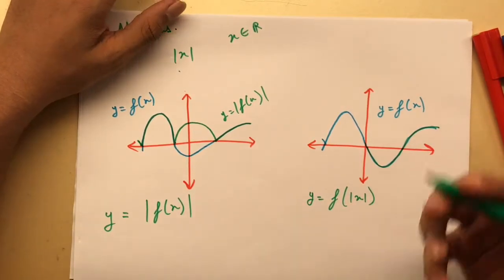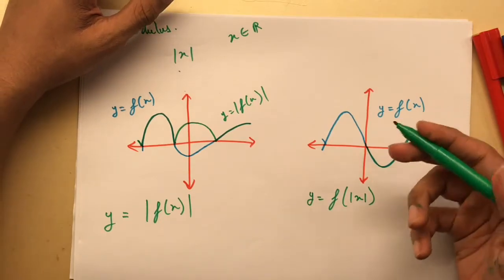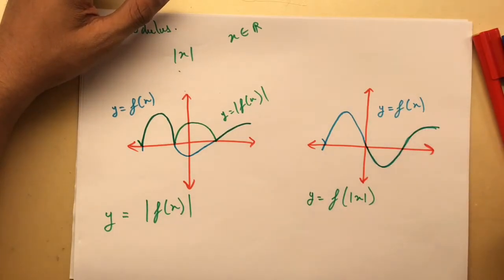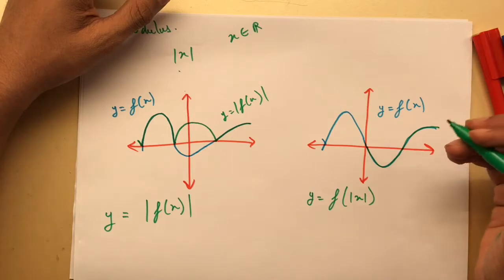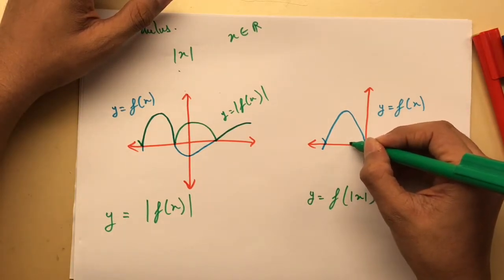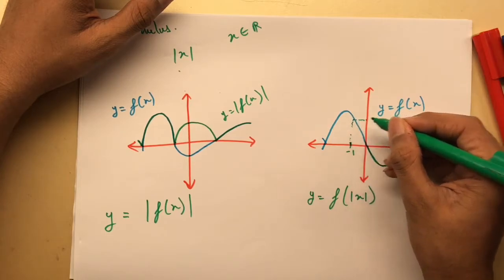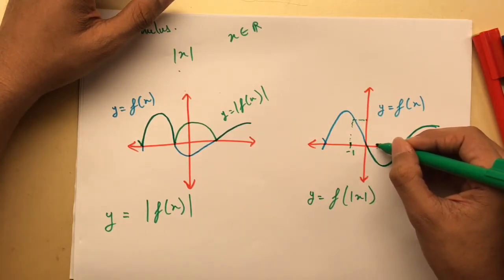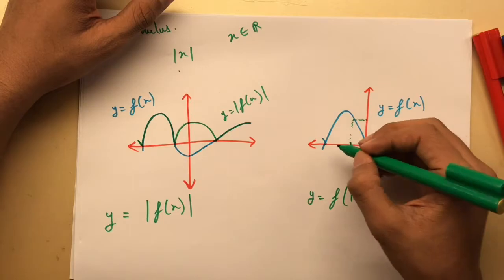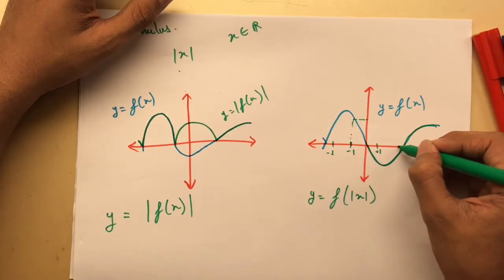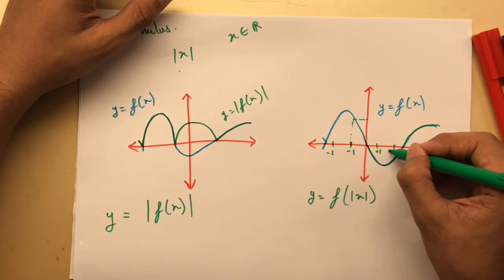But now let's say I input a negative number, and when I input a negative number, I would just get the positive number that's on the x-axis itself. So if I inputted -1, I would not get this value, but in fact I would get the value for +1. And if I inputted -2, I would get the value for +2.